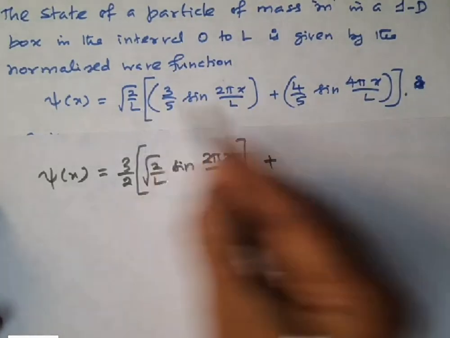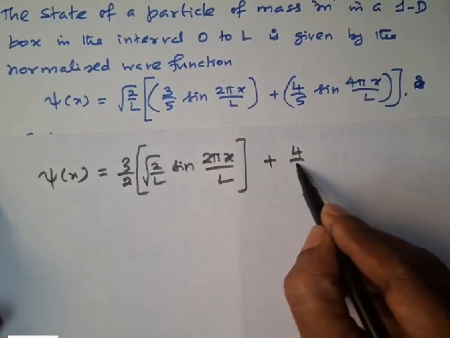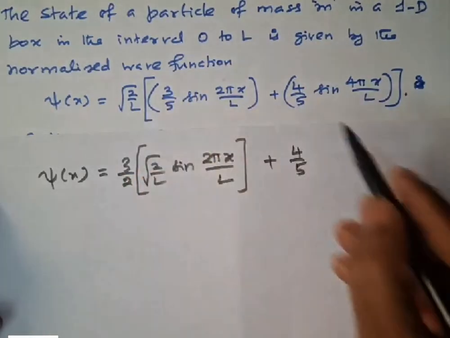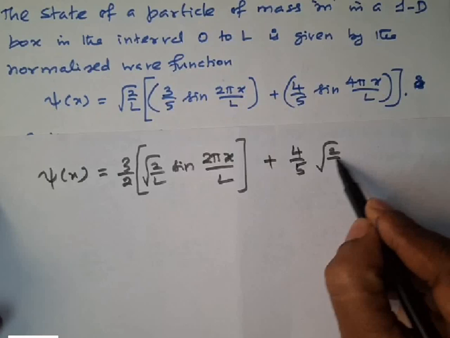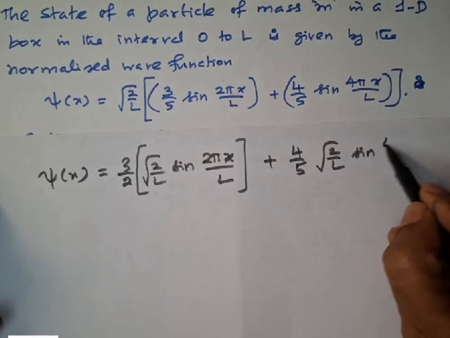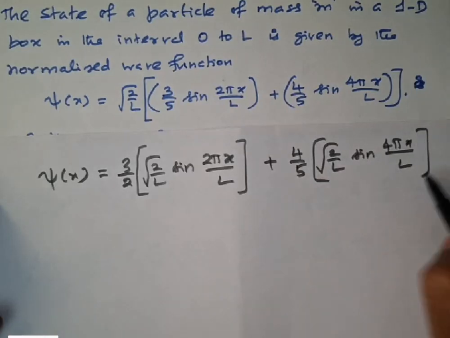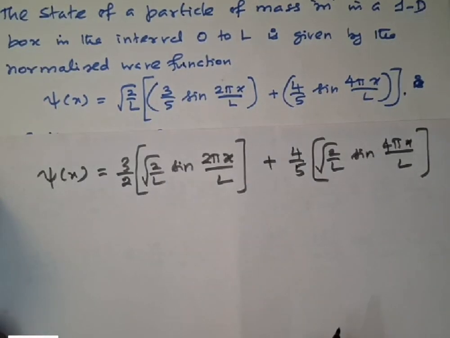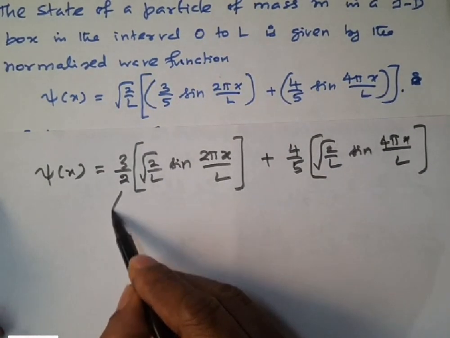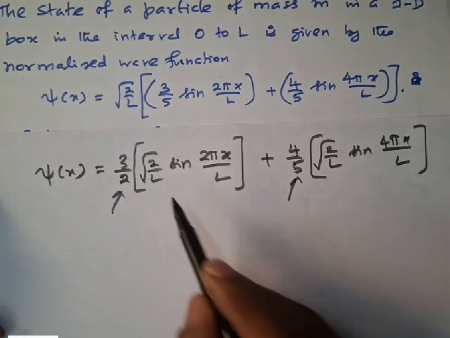Plus here we have 4 by 5, and I'll bring the square root of 2 by L inside, so square root of 2 by L into sine 4 pi x by L. These are the linear combinations given. This is the coefficient, and this is the wave function.